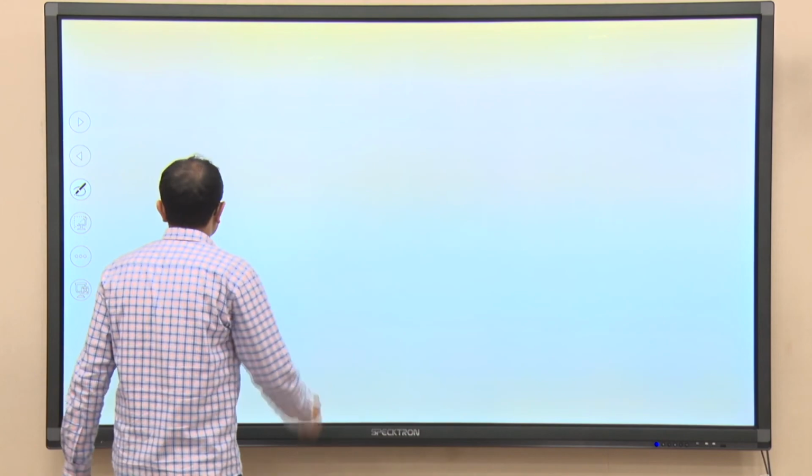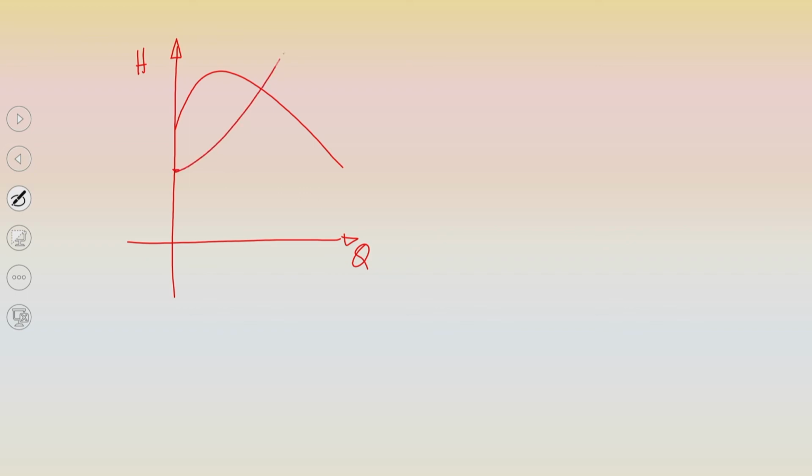Let me discuss. Now, if I try to draw the H versus Q curve, and this is H, say we have a pump characteristic like this, and we have a system resistance curve, say this is the system resistance curve and this is the pump curve. So, this is the operating point.